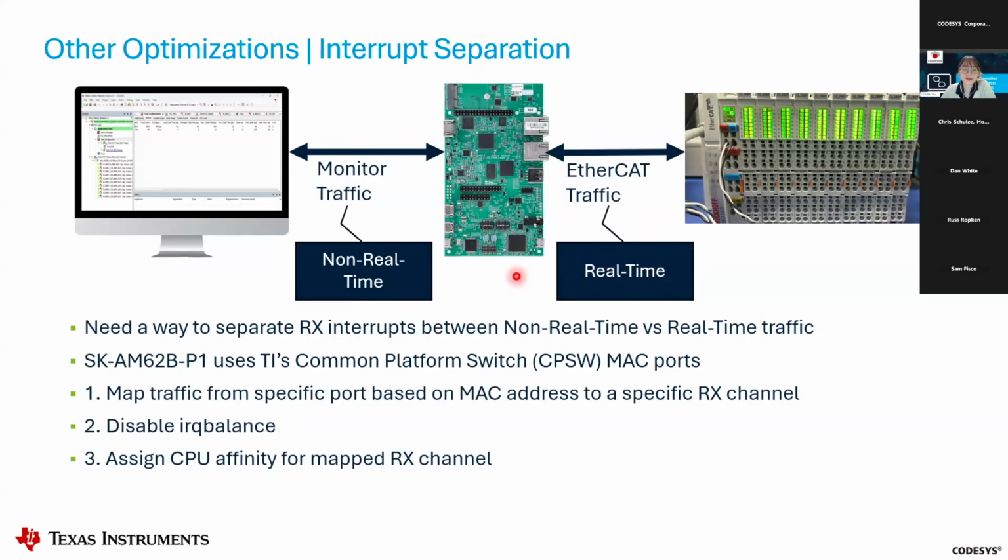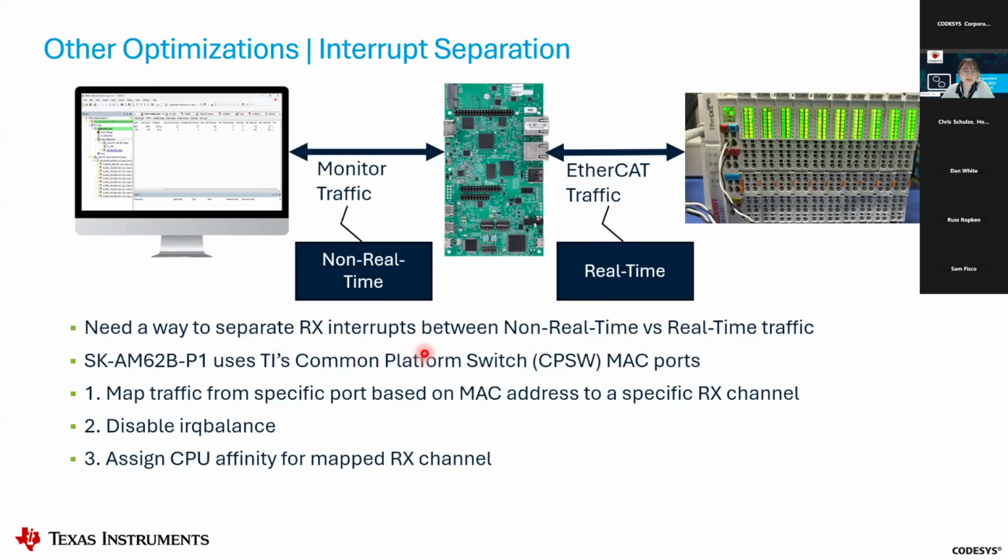So one way to try to separate out processing of these two traffics is to separate, for example, the receive Ethernet interrupts between the non-real-time and real-time traffic.